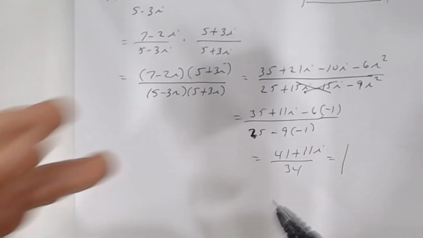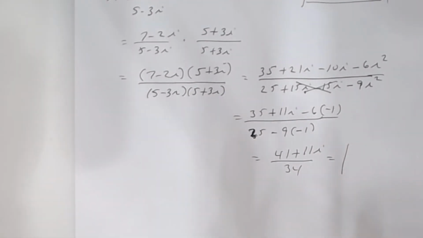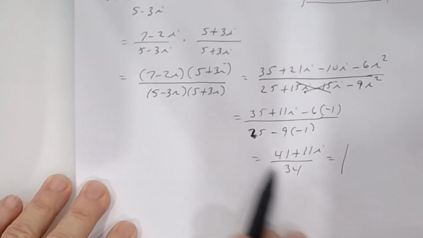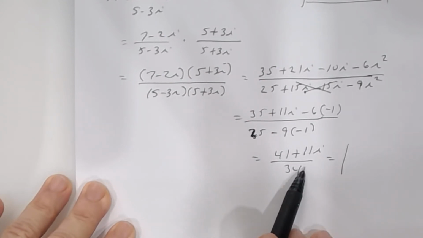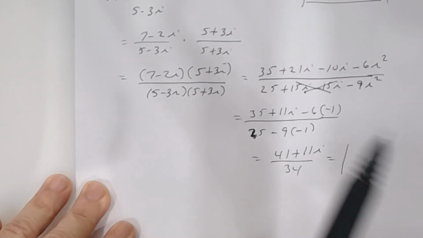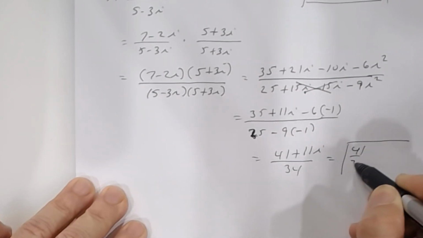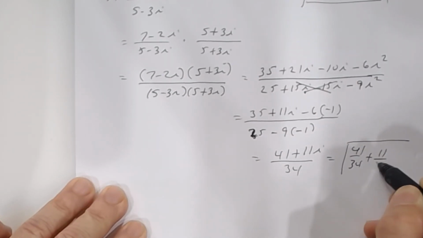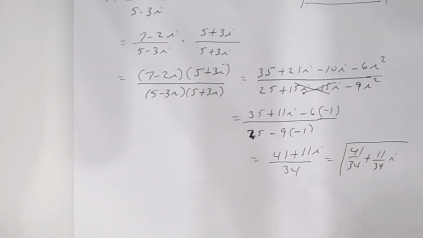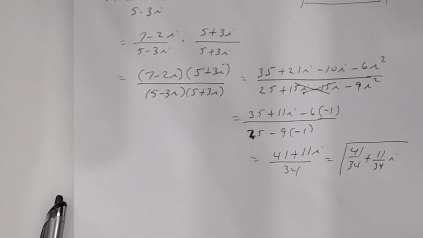If it doesn't say anything about putting it in standard form, then you can leave it like this: 41 plus 11i over 34. If it says write it in standard form, then you're going to say what? 41 over 34 plus 11i over 34. All right, and that's it. Okay? All right. Now, it's very simple.